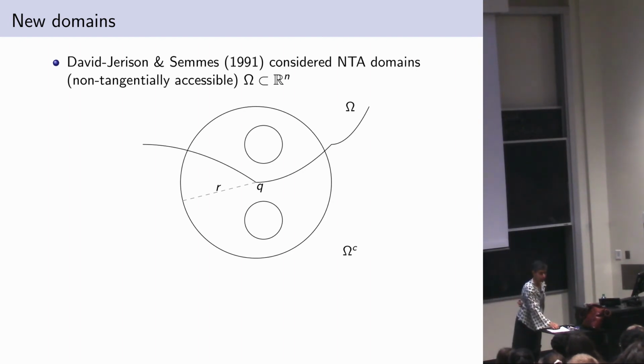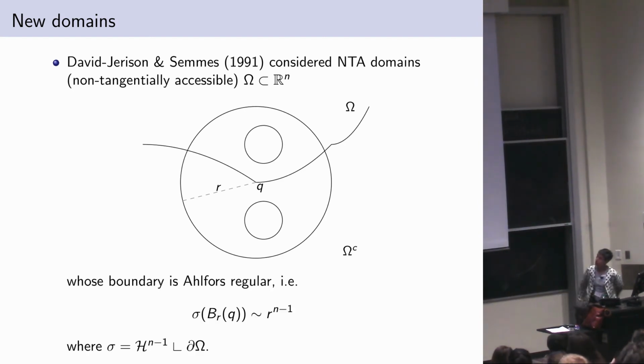And it means that every time you are inside the domain and you put 2 points, you can join these 2 points by a necklace that looks like this. And I'm not going to give you the definition of these. Okay?